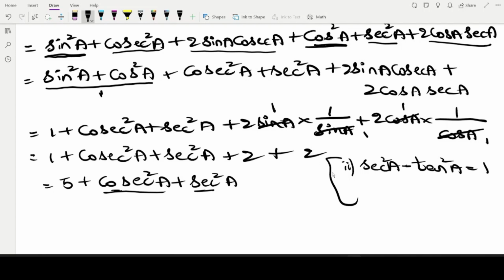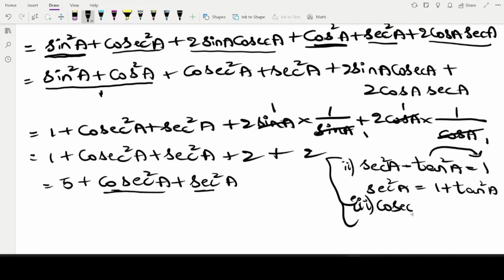From here, if you shift the tan square to the other side, secant square a becomes 1 plus tan square a. And the third identity is cosecant square a minus cot square a equals 1. So you need cosecant square a. We shift the cot to the other side. This becomes cosecant square a equals 1 plus cot square a.